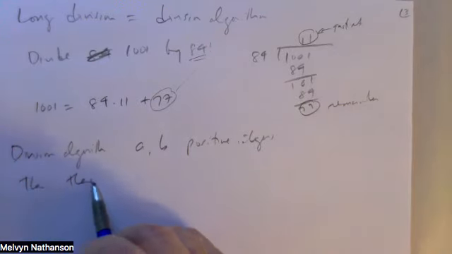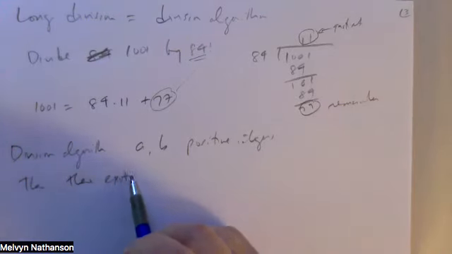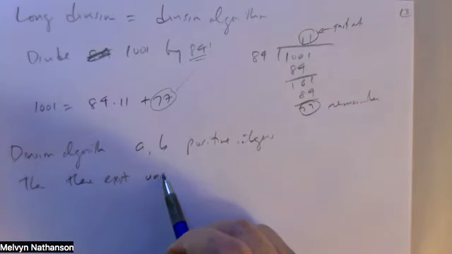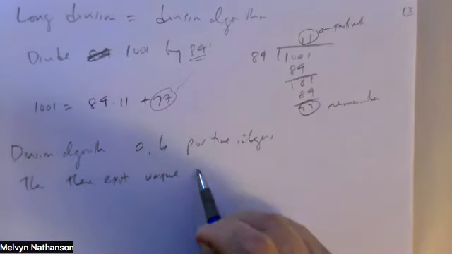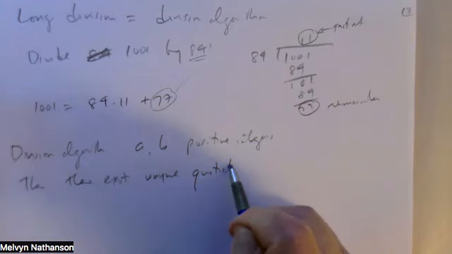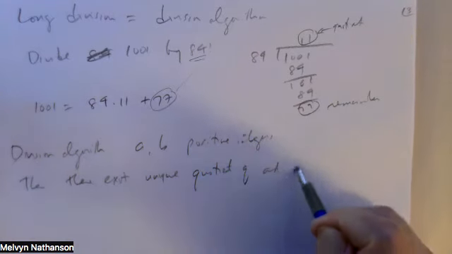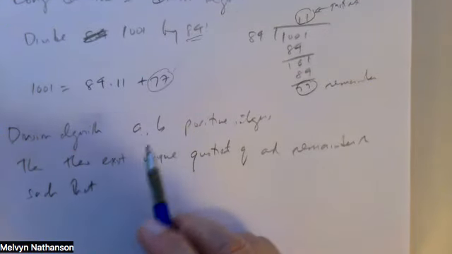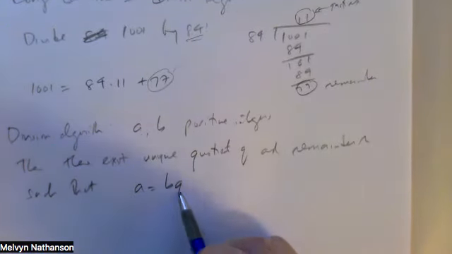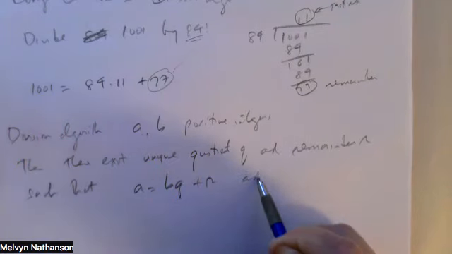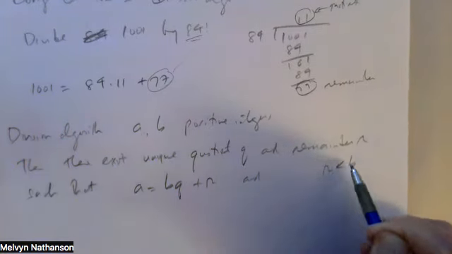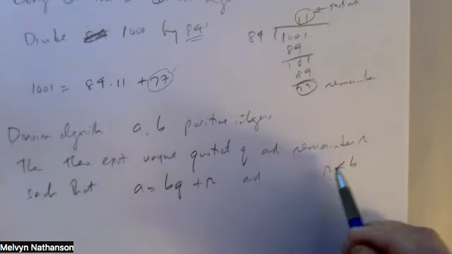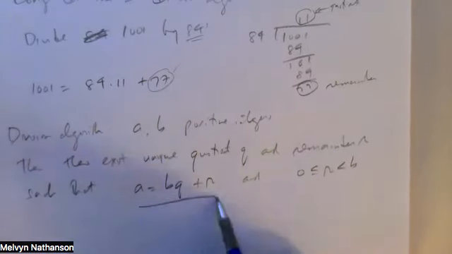Then there exists a unique quotient Q and remainder R such that if you divide A by B, you get a quotient of Q and the remainder R, and the remainder is strictly smaller than what you're dividing by and greater than or equal to 0.